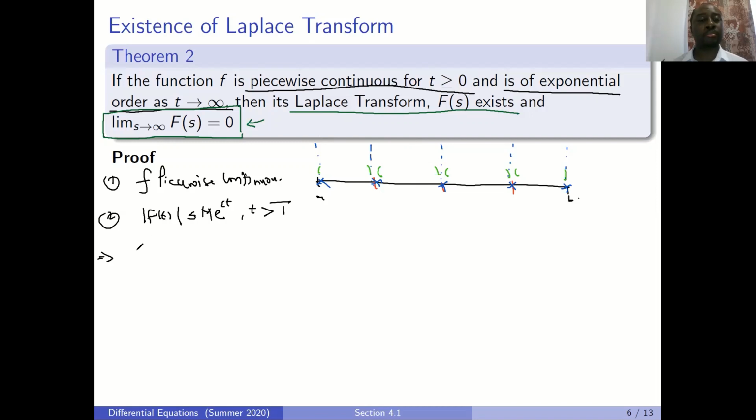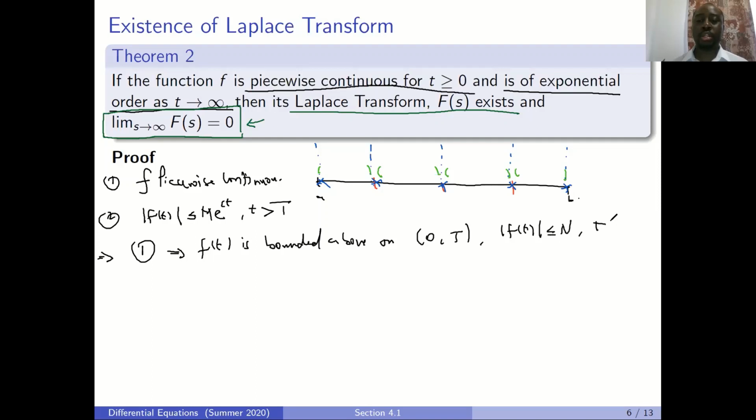And so assumption 1 implies that my function f of t is bounded above on the interval 0 to T. In other words, I can find some positive number n such that my function is always less than n for t between 0 and T. Actually, this will even be over the whole interval.